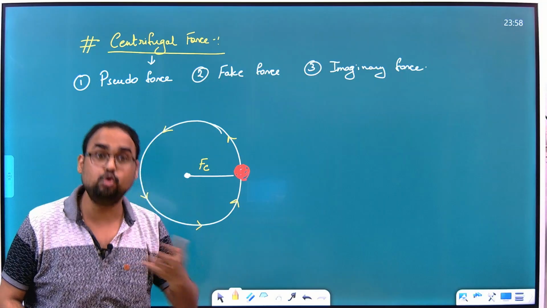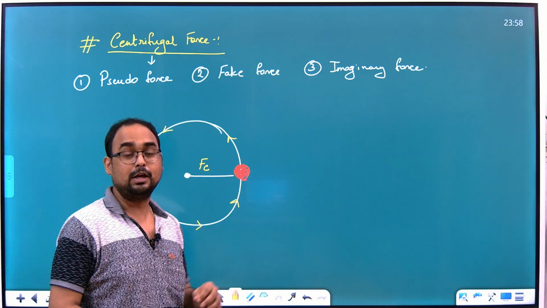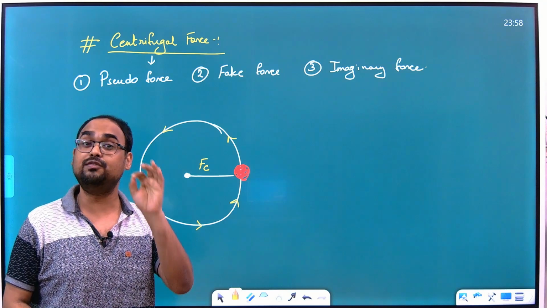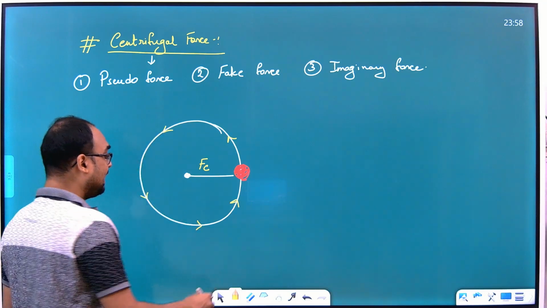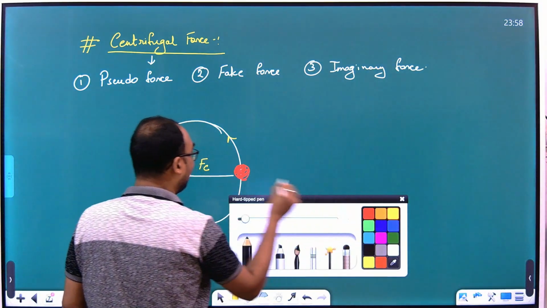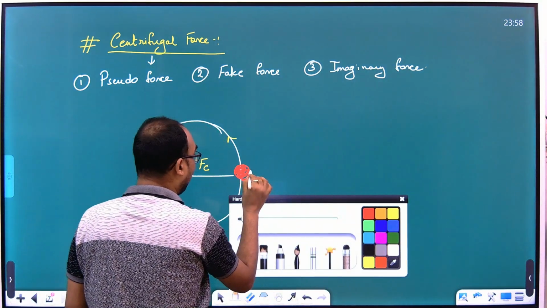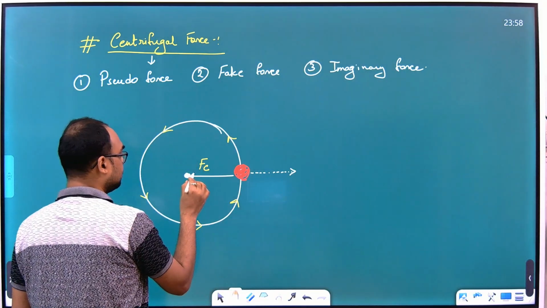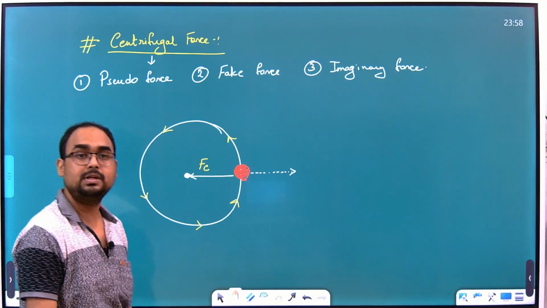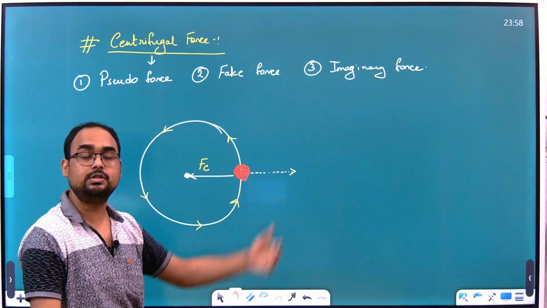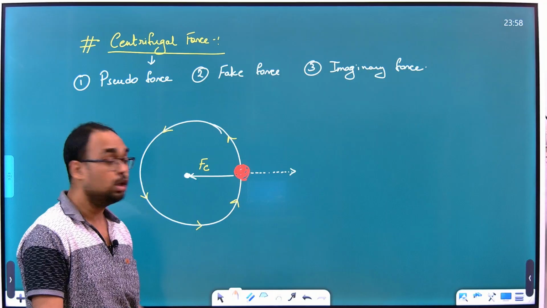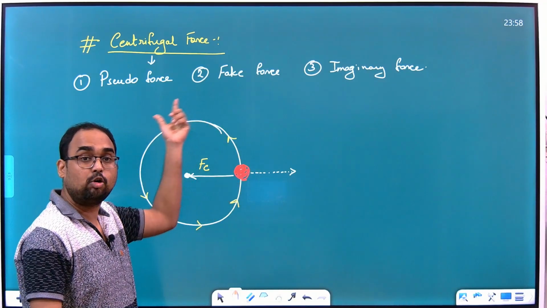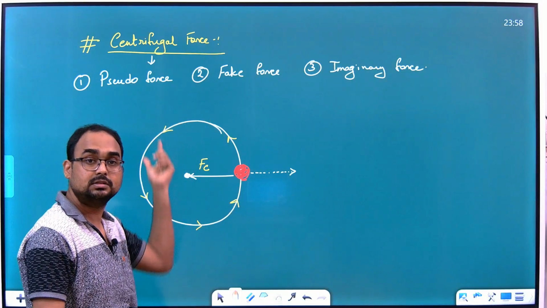So it is assumed that to keep a body in a balanced position or in uniform motion, there has to be some kind of external force acting in the opposite direction so that this body can remain in an equilibrium position and continuously cover the path.